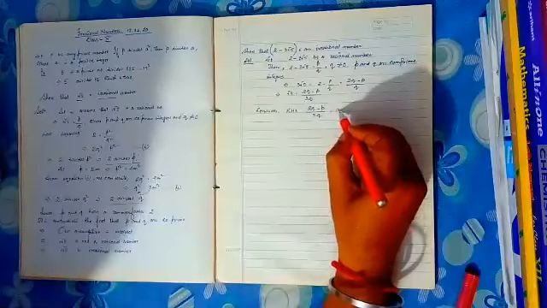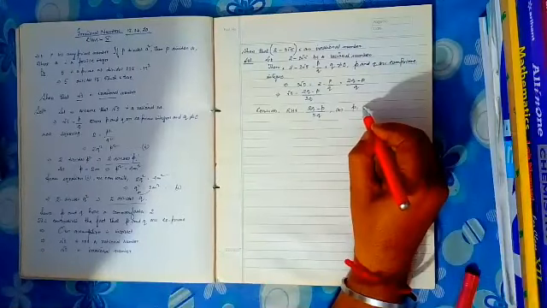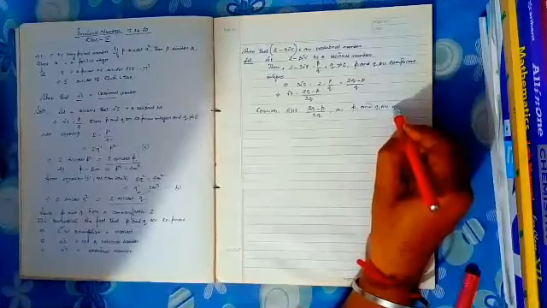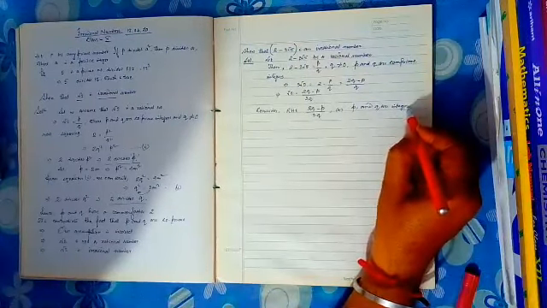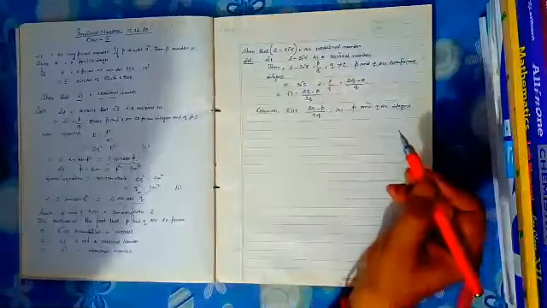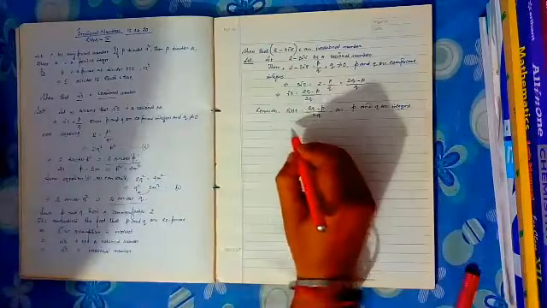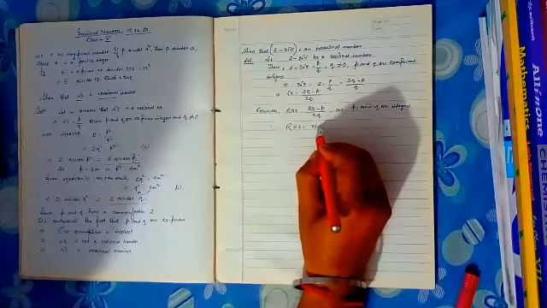As p and q are integers, therefore right hand side is equal to a rational number.